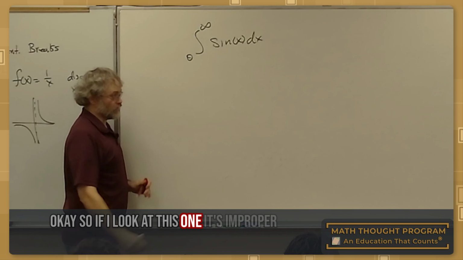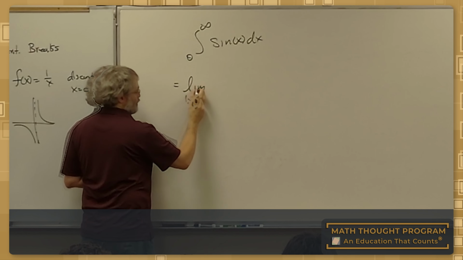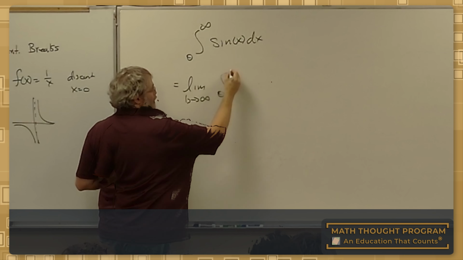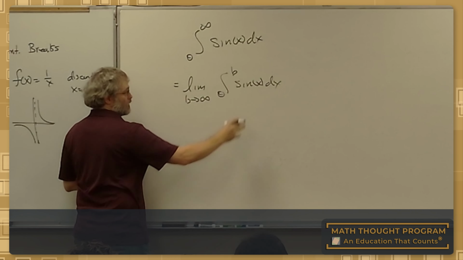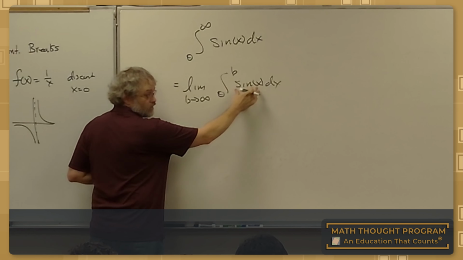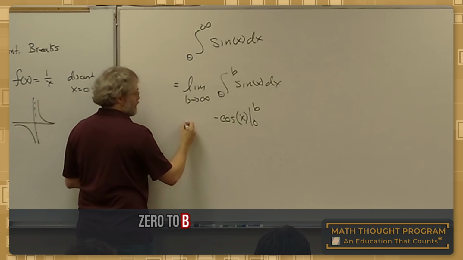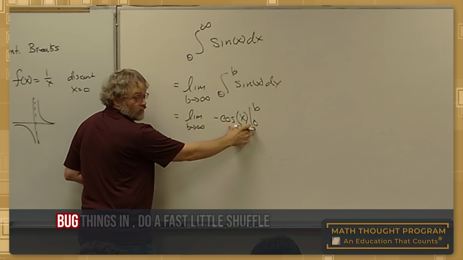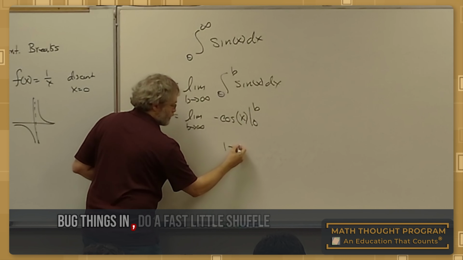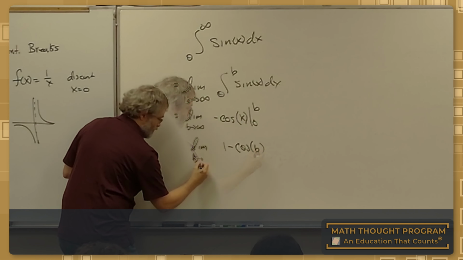Okay, so if I look at this one, it's improper. I can assess it, stop the clock, integrate, negative cosine, 0 to b, plug things in, do a fast little shuffle.